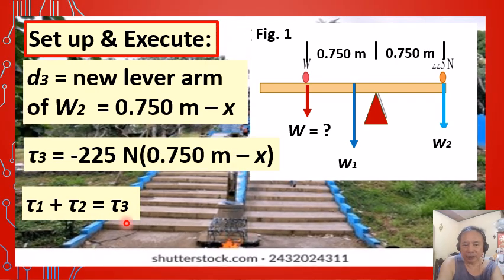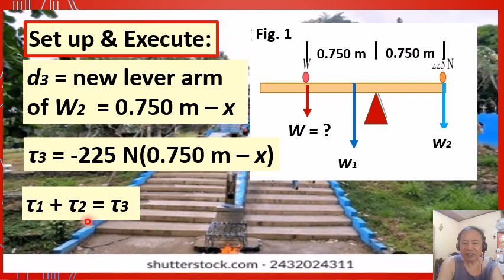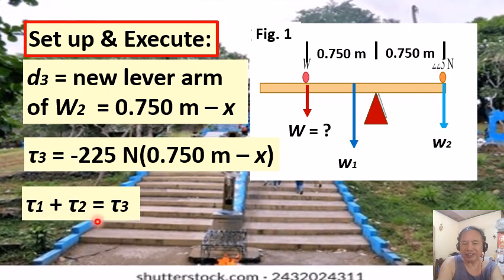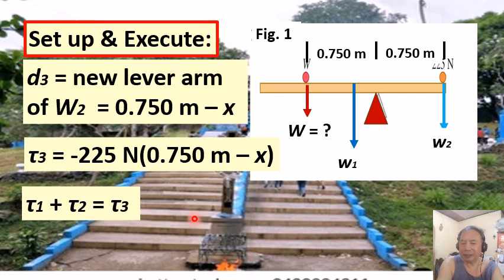The torque principle says that the vector sum of torque number 1 and torque number 2 is just equal to torque number 3.